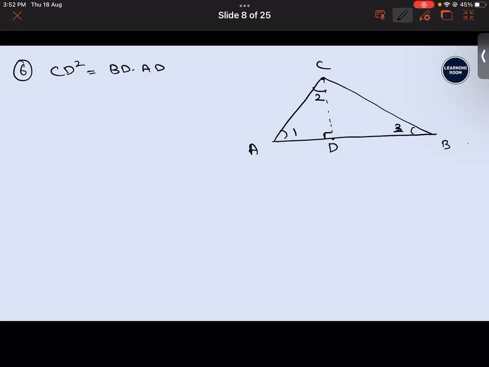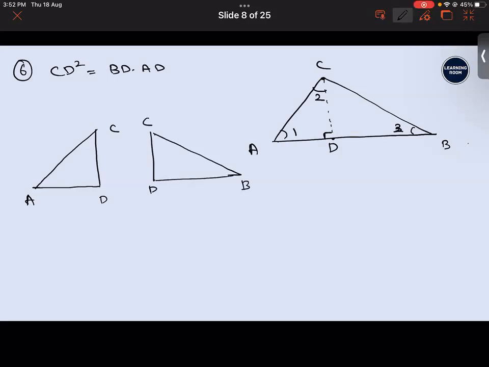So how do we prove? What are the two triangles that we can consider? I can think of triangle ADC and triangle BDC. Is that right?